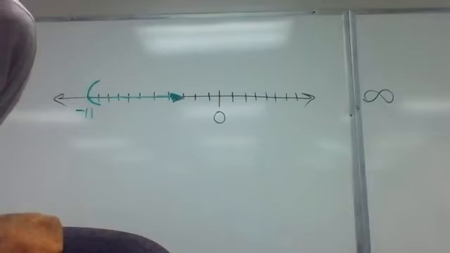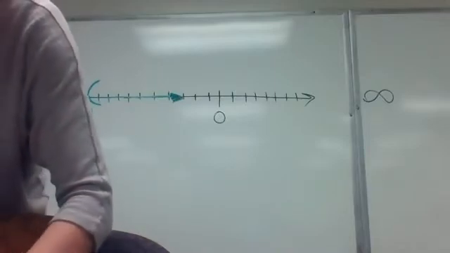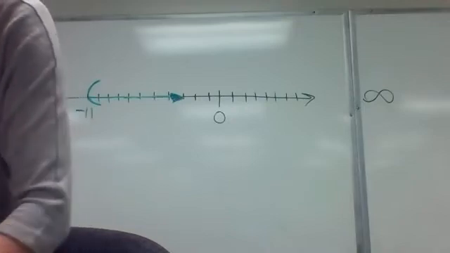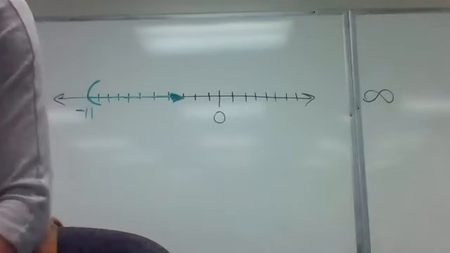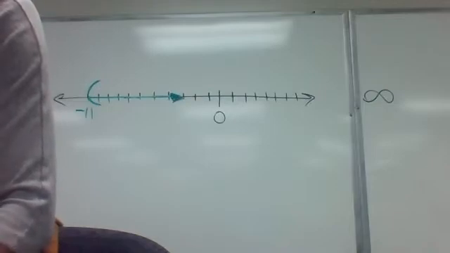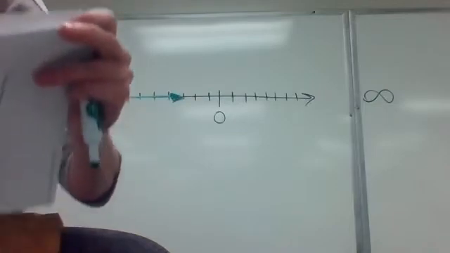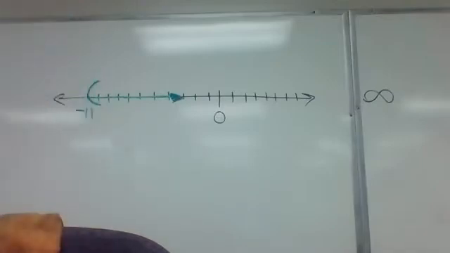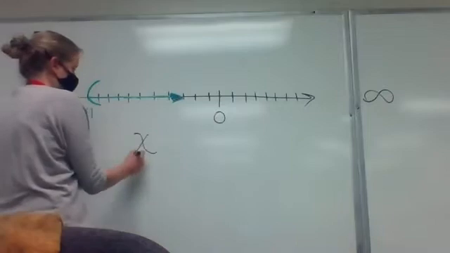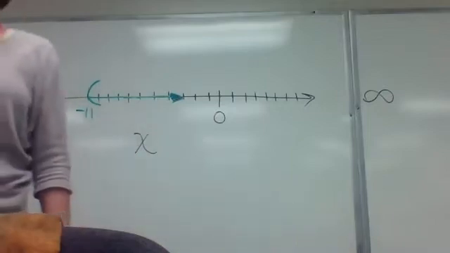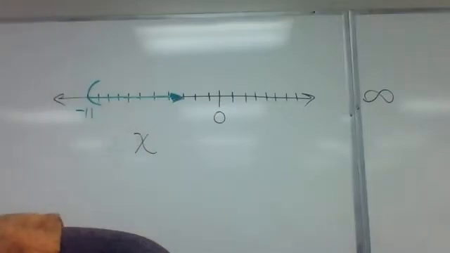It wants us to write the inequality that corresponds to this graph. Hang on, let me see if it wants it in interval notation or. Okay, so this one just wants us to write it as x is greater than, or less than, or greater than or equal to, or less than or equal to this number.